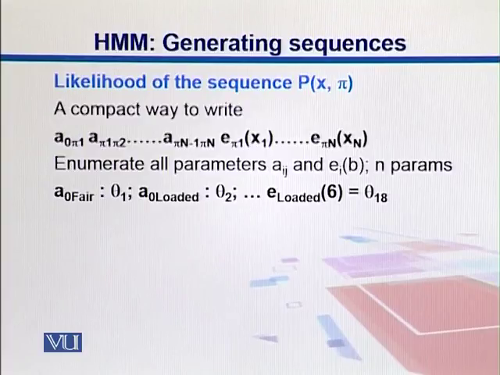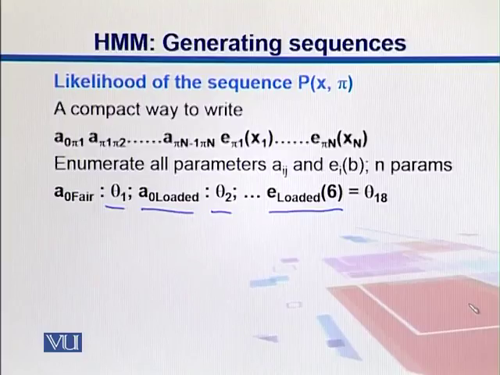For example, starting in a fair state is our first parameter, and in the same way starting in a loaded state is another parameter, up till emitting a symbol 6 from a loaded die. In total we have 18 parameters like this. Theta represents these parameters.